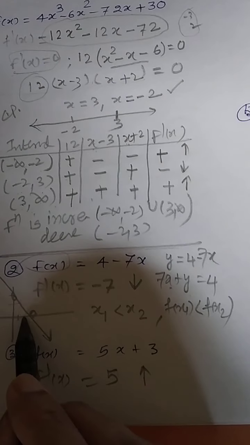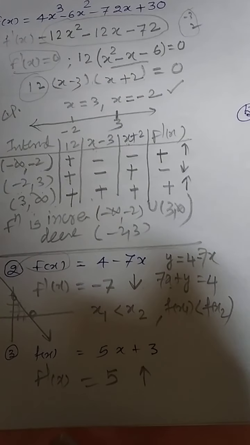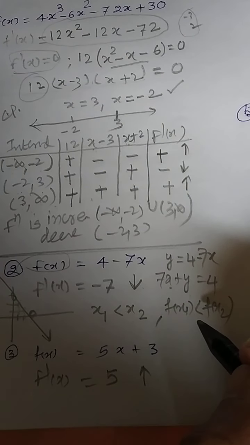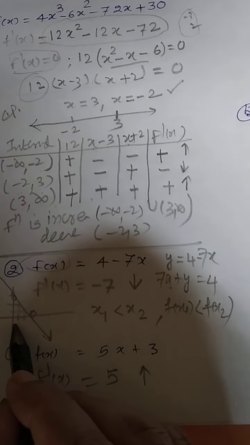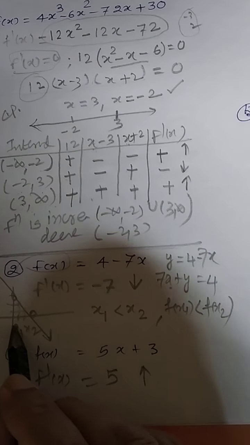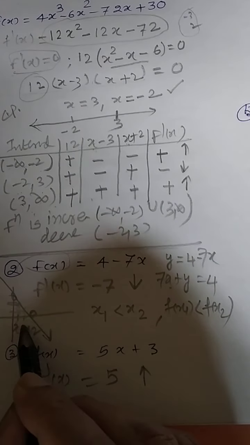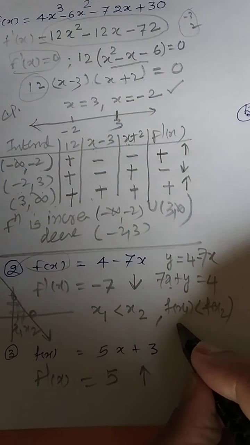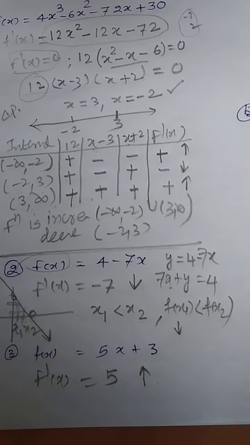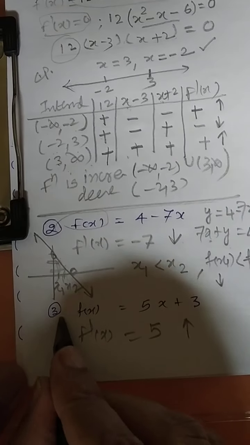What is happening? Is f of x1 greater or is f of x2 greater? Here it is, listen: this point is x1, this is x2, and this is f of x1 and this is f of x2. So this is nothing but the function is now here. What is the meaning of this function?